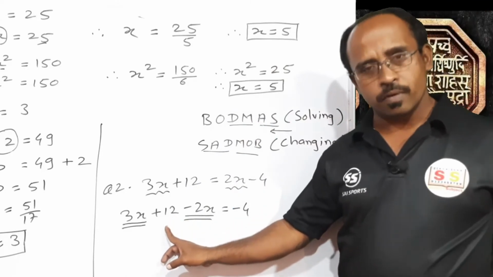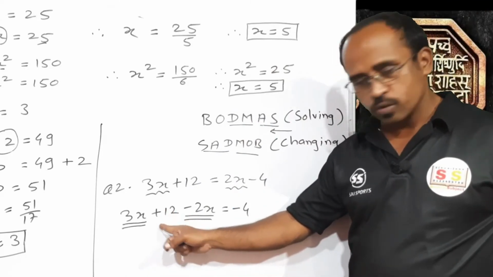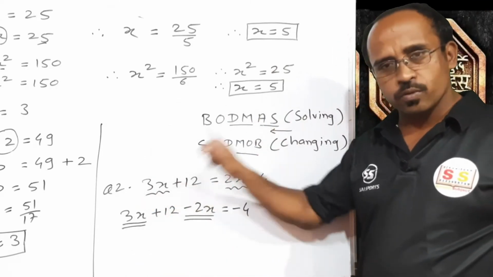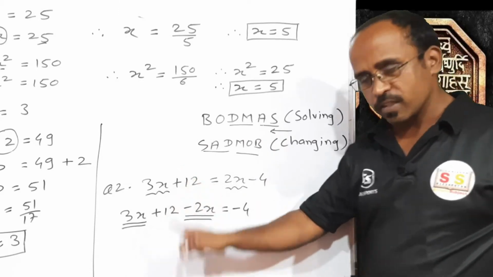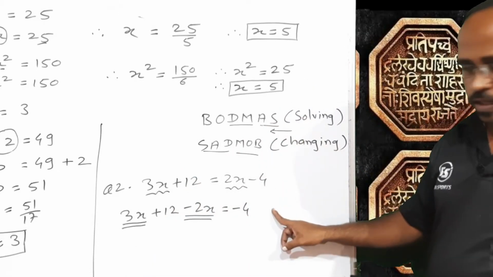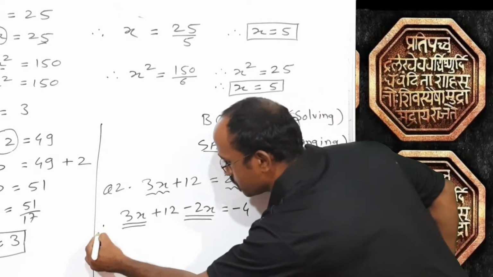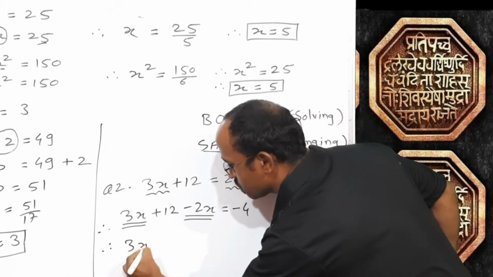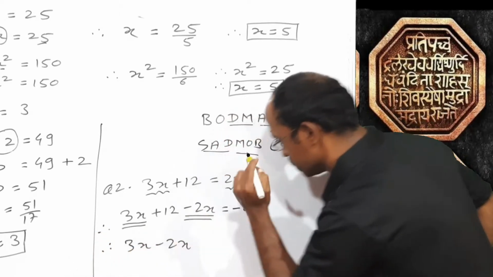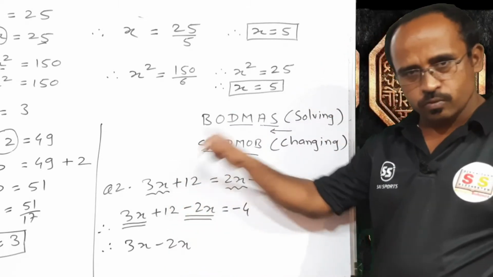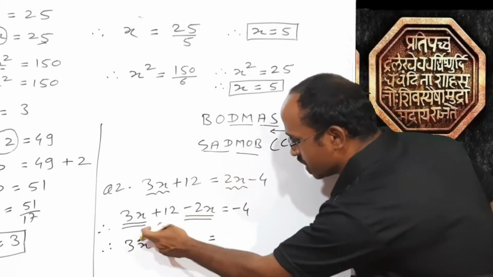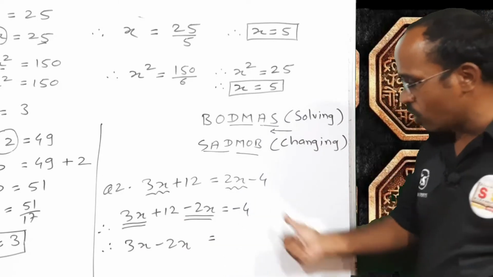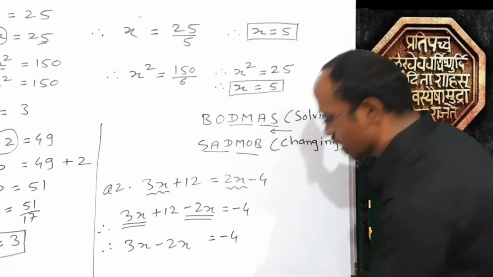So this plus 12, which is the odd one, should change its side from left to right. So this plus 12, after changing side, will become minus 12. So left hand side will be 3x minus 2x, right? Because this plus 12 is changing the side, only 3x minus 2x will remain there, and on the right hand side minus 4 was there.